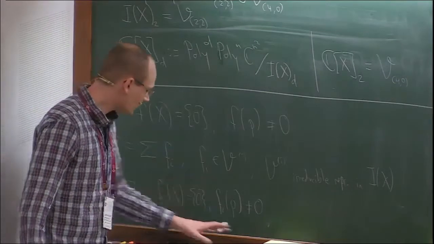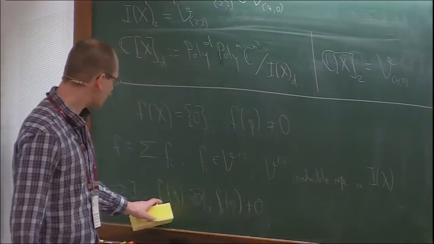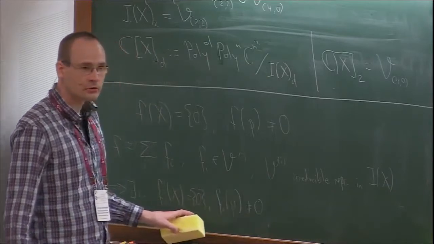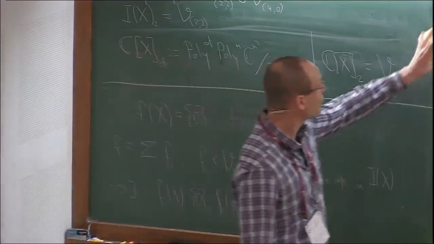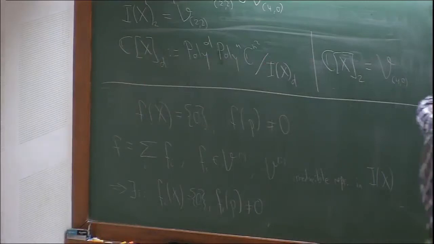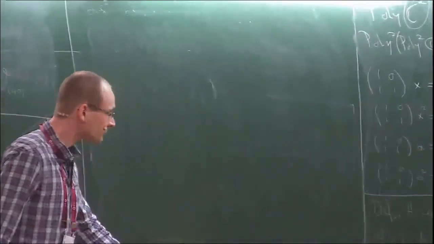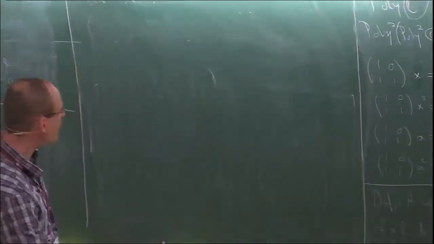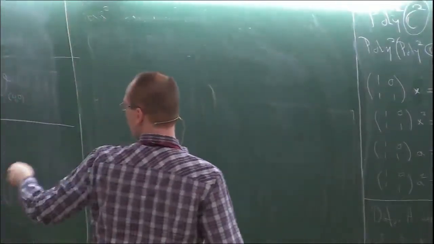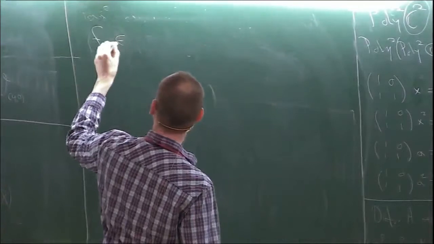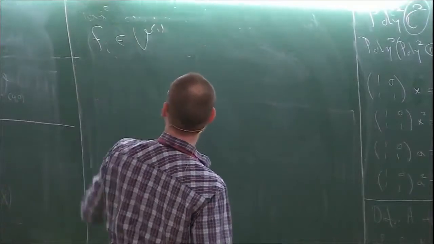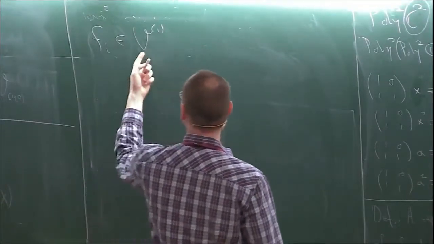And even more is true. Not only do these Fi's come from an irreducible representation, but since there's a unique highest weight vector in these representations, say Fi comes from an irreducible representation Vi, how does it look?